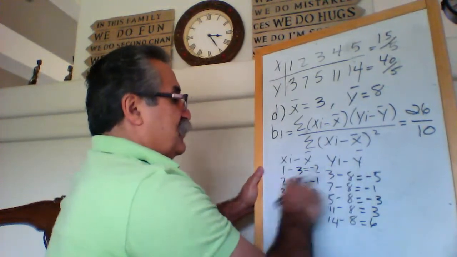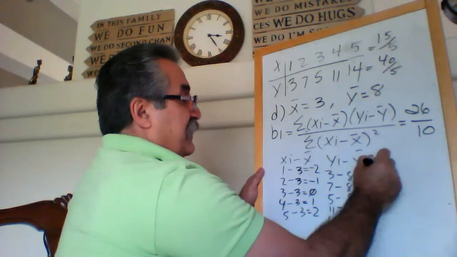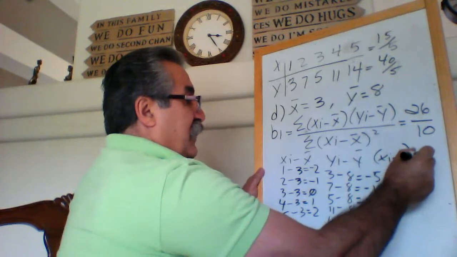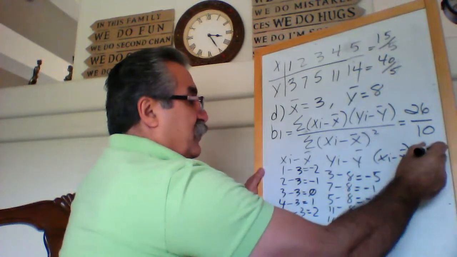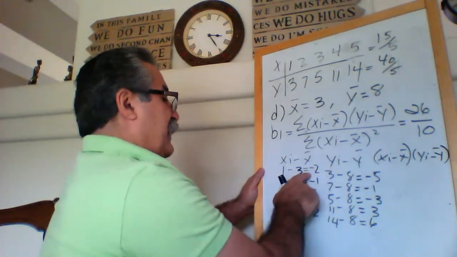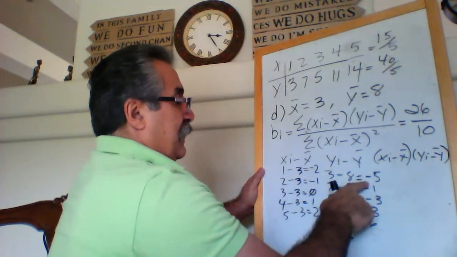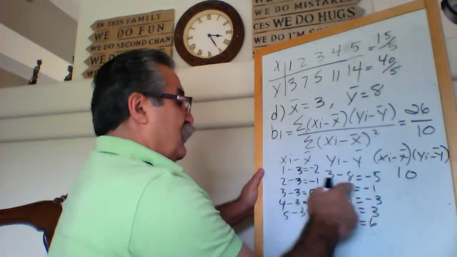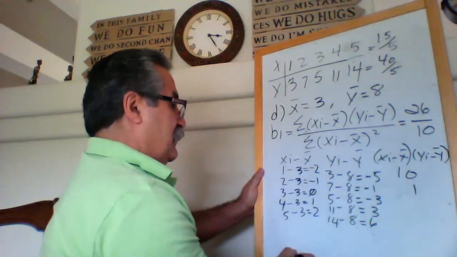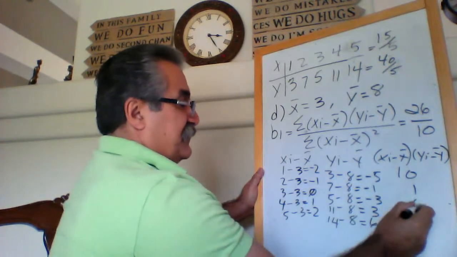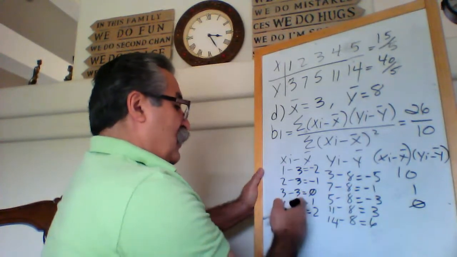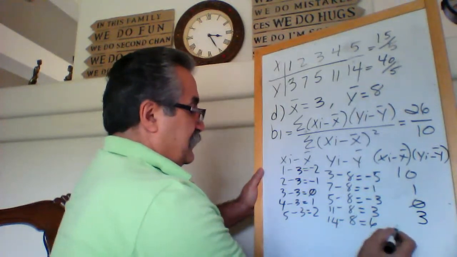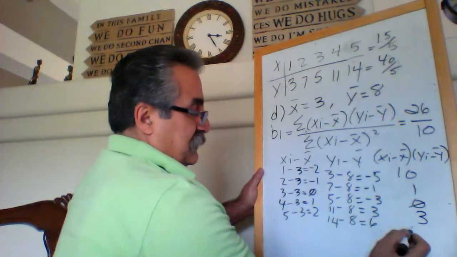Now we multiply these two by one another. So xi minus x bar times yi minus y bar. -2 times -5, that's 10. -1 times -1, that's 1. 0 times -3, that's 0. 1 times 3 is equal to 3. 2 times 6 is equal to 12.